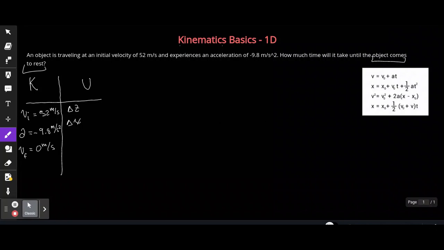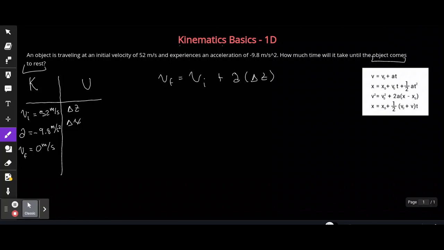So we're going to need an equation that lets us find the time without using delta x. Again, we see that the very first equation, v final equals v initial plus acceleration times elapsed time, is going to be the best for this problem.